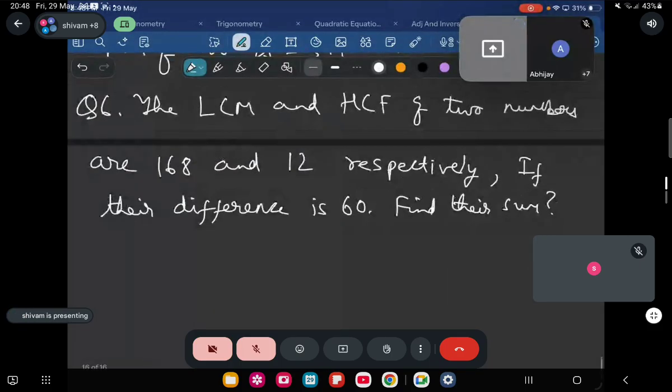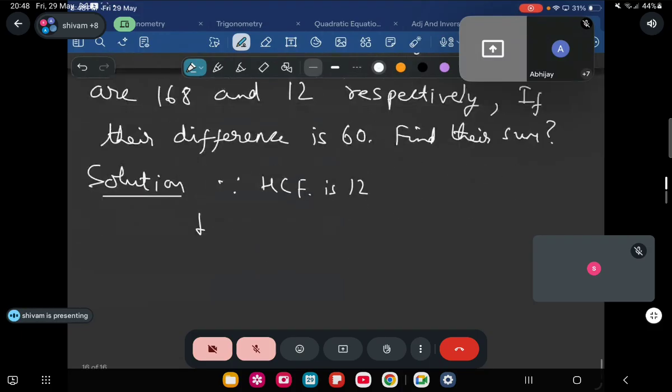The LCM and HCF of two numbers are 168 and 12. Pay attention. Since HCF is 12, let the numbers be 12x and 12y.